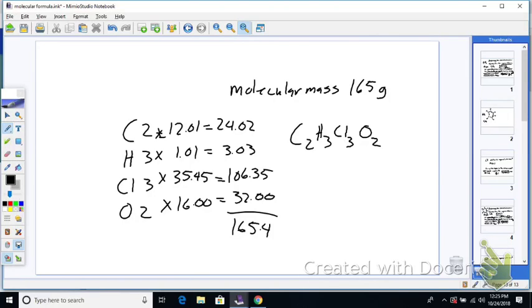So you take the molecular mass divided by the empirical mass, it's the same. So it's 1. So on that one, your empirical formula is the same as your molecular formula. And that's how you would do question 54 or 56.